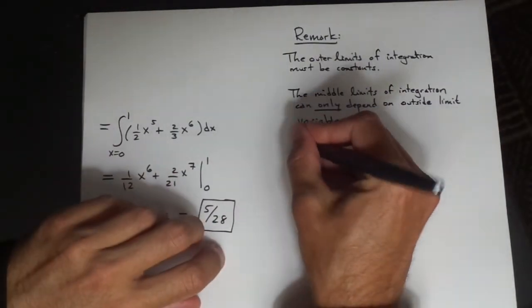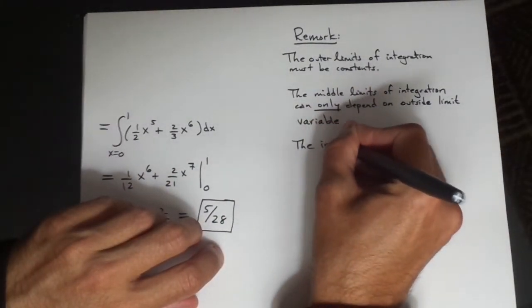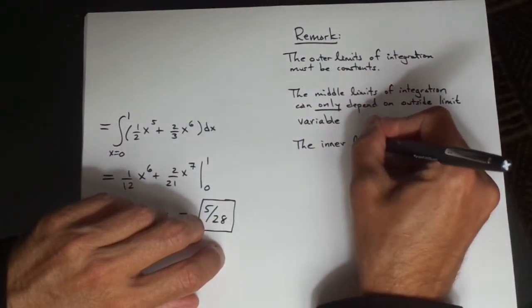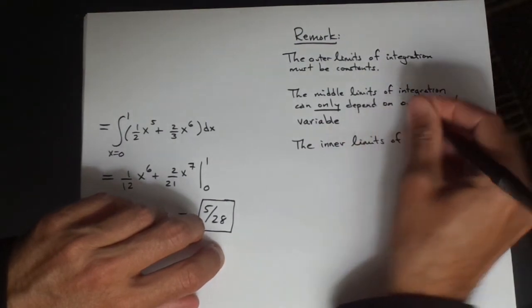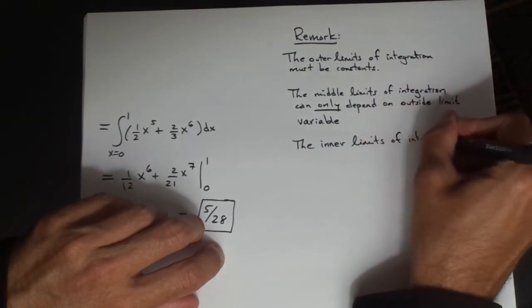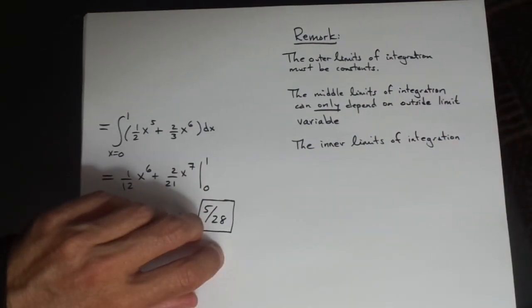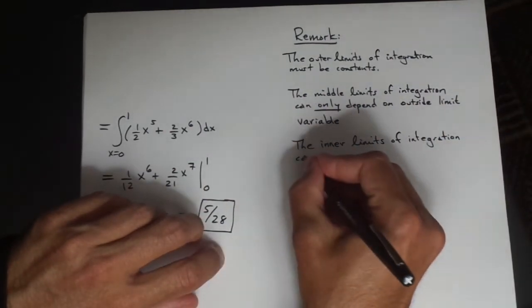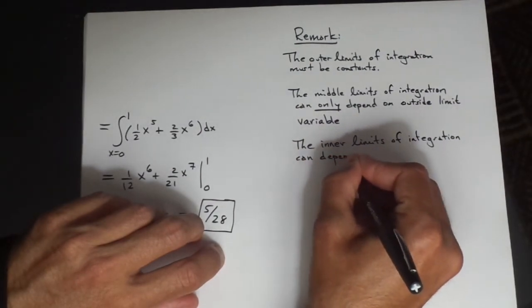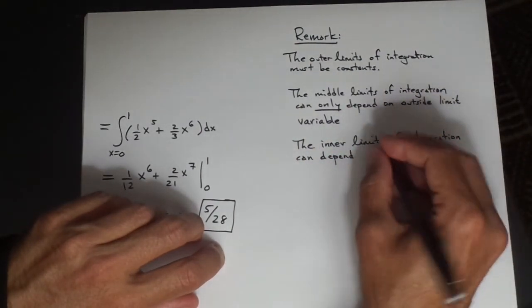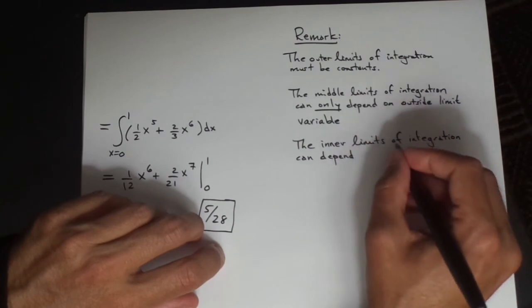Okay, and finally, the inside limits of integration. Here's where you can have both of the outer two variables occurring. So there can be appearances of the outside two variables.